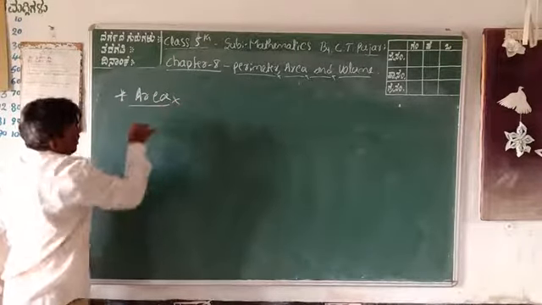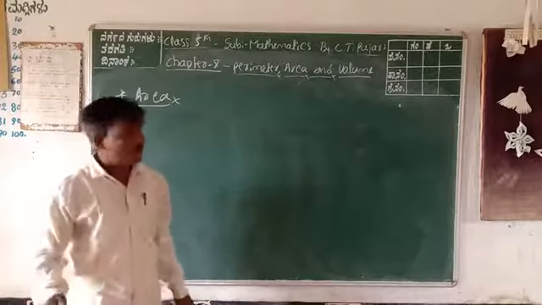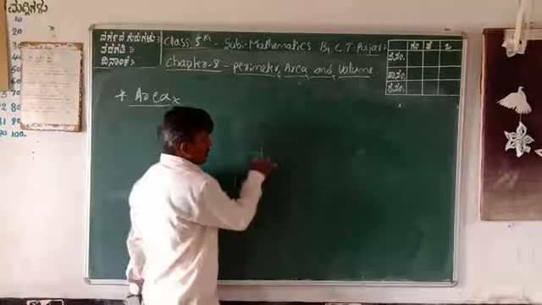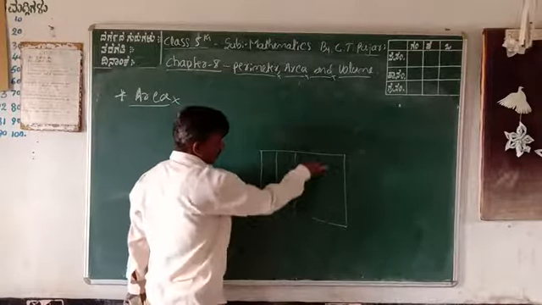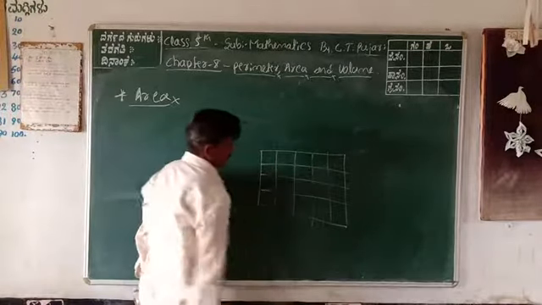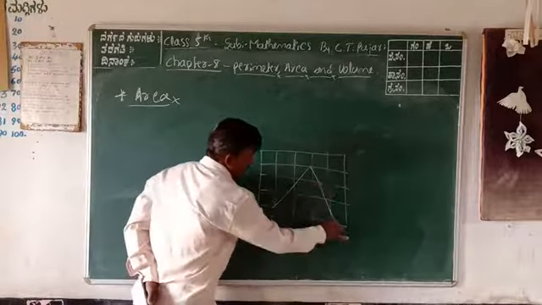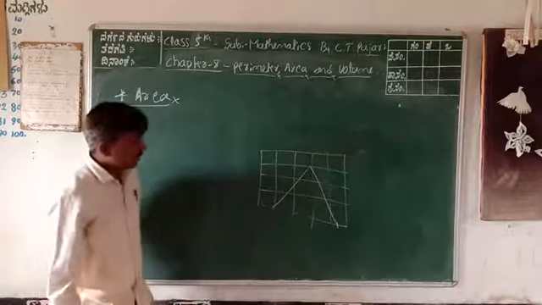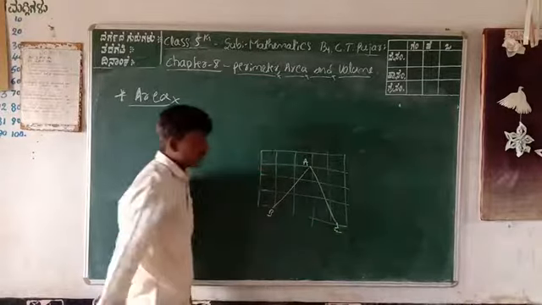Area. We can find area in two ways. In your fifth standard, you can use the graph. By the graph, you can practice in your homework, no problem. Consider one triangle, like this one, ABC is the triangle.